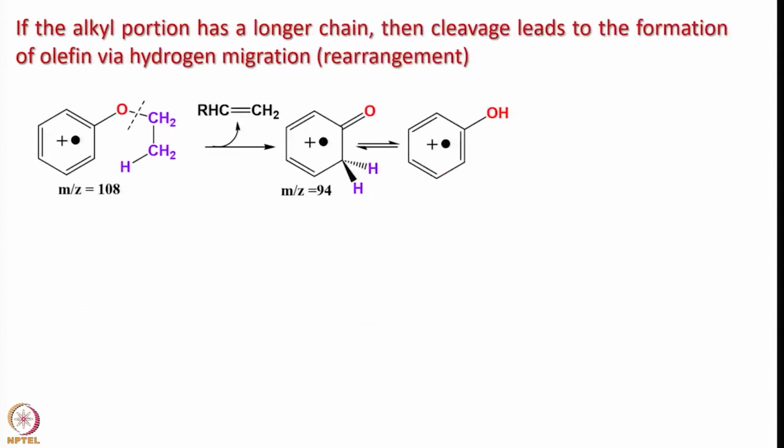If the alkyl portion has a longer chain, then the cleavage leads to formation of an olefin via hydrogen migration. For example, this is the possible site. If you have a longer chain, a substituted ethylene would come out, and we get something like this, and eventually this gives the species here.